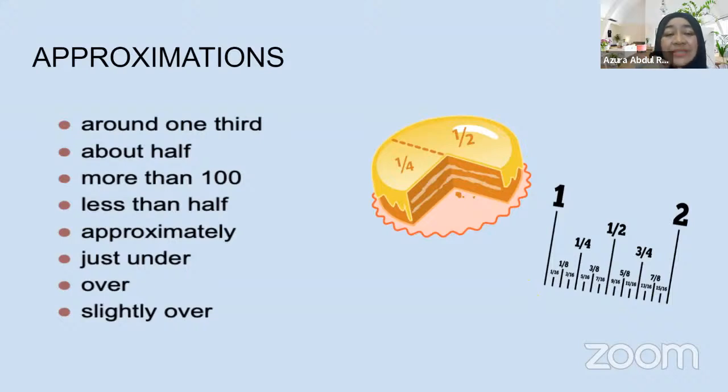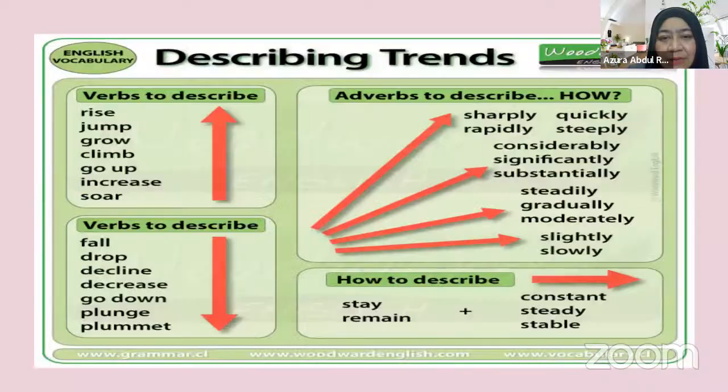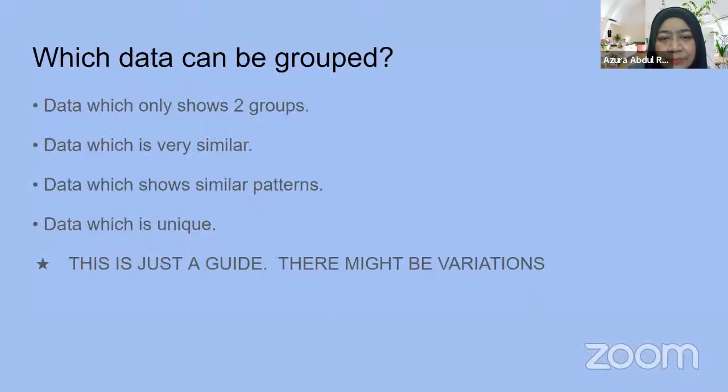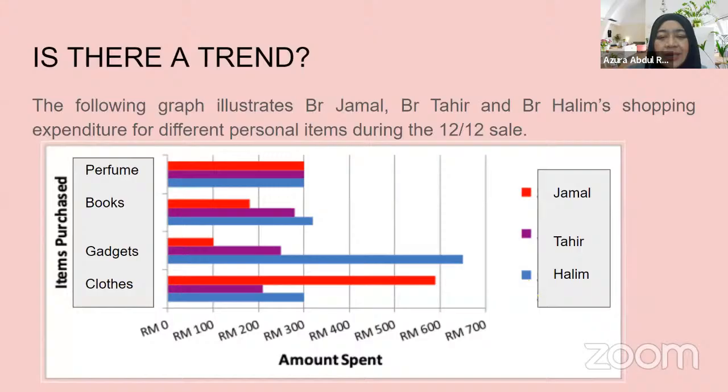Okay, so if you're given percentages, especially, you will find that if you look at the bar graph, even the one that we did just now, the brothers who went shopping here. Okay, it just says here 0, 100, 200, 300, 400, 500, 600, 700.